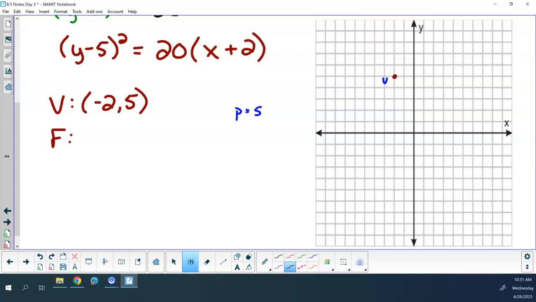What do you want to change it to? First off, let's decide which way does it open. Opens to the right. So that means that the focus is to the right, which would be at the point 3 comma 5.